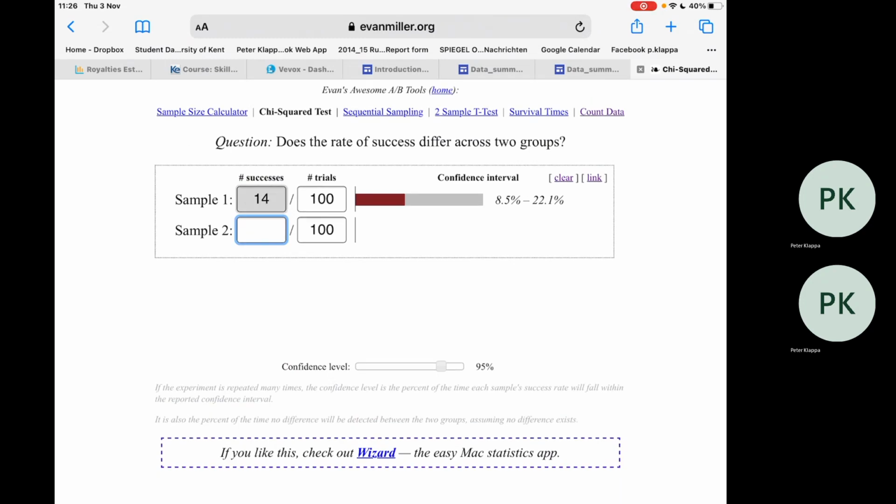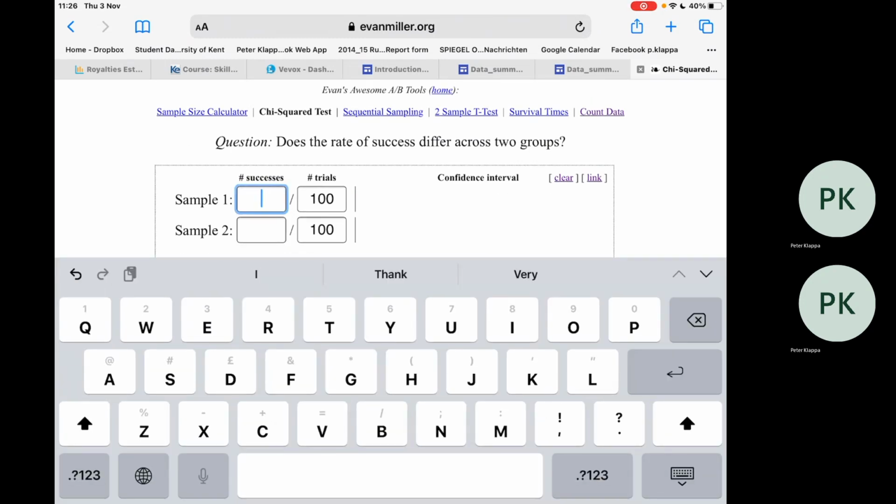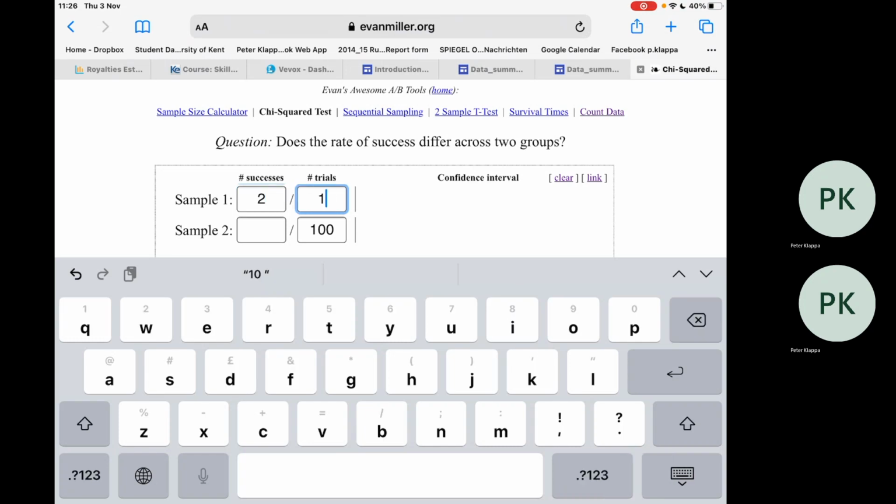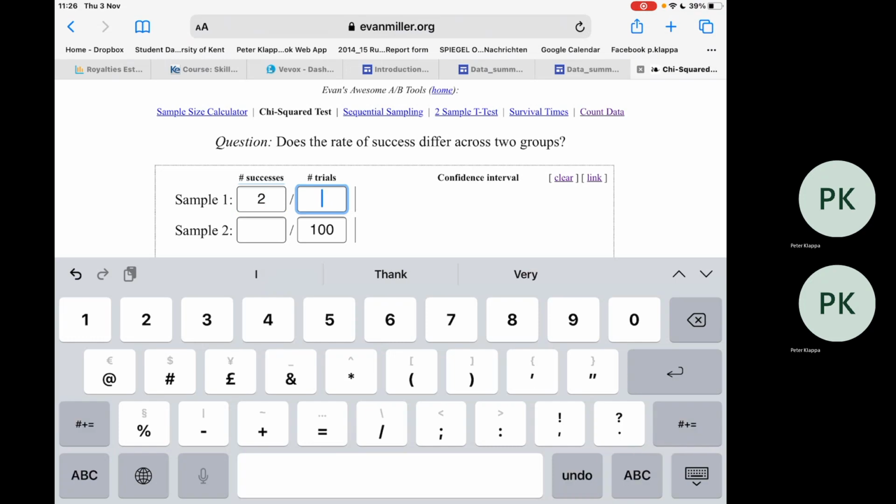So we had 2 red ones, and the total number, so 2 successful events, if you like, and the total number was 6. So that's the total number of events. So that's 6.